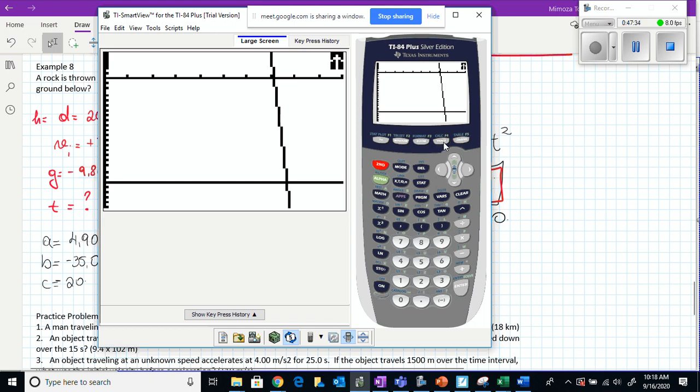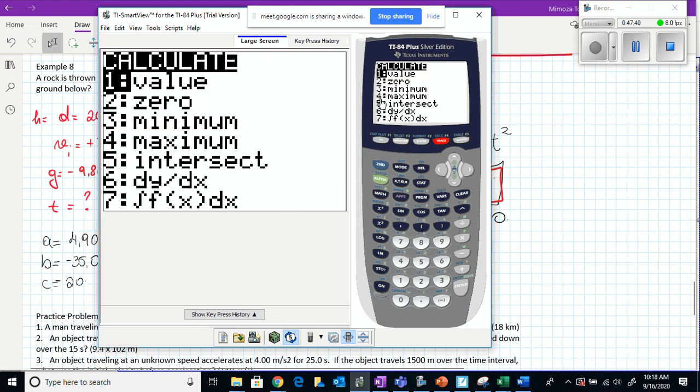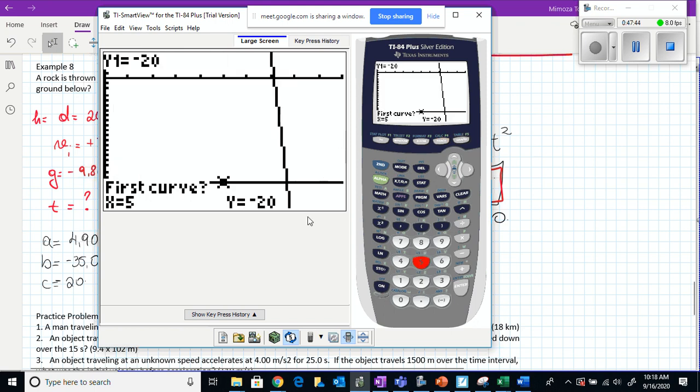And then we find the intersect. Second function, trace, and we choose number 5. The calculator is smart and chooses the curves on its own. So for the first curve, you just hit enter. Second curve, just hit enter again.